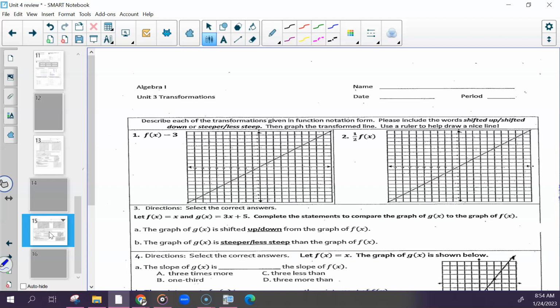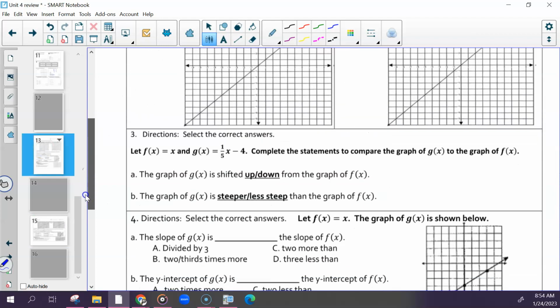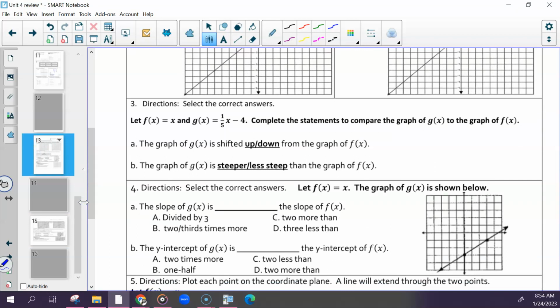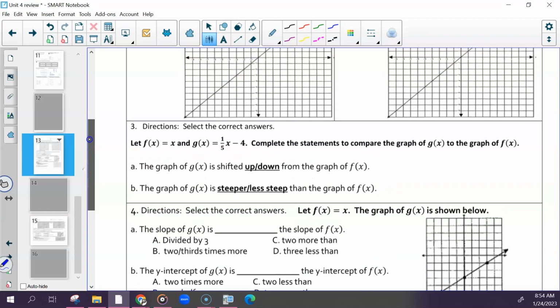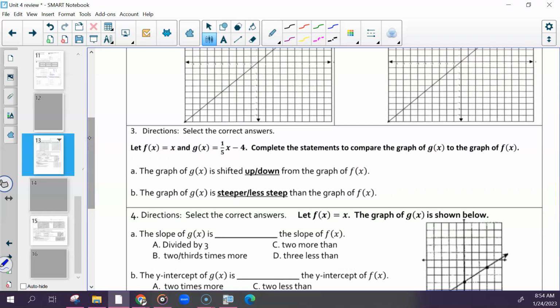Linda. Number 3. For number 3, on the separate sheet, if we're comparing these two equations, was the graph of the function g of x shifted up or down?